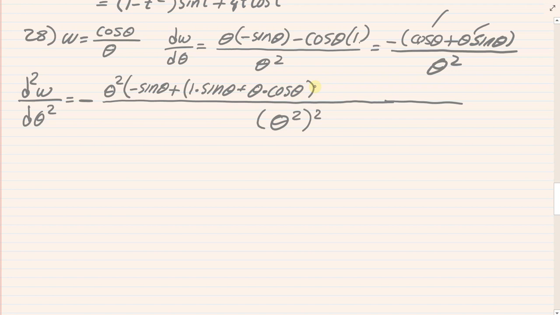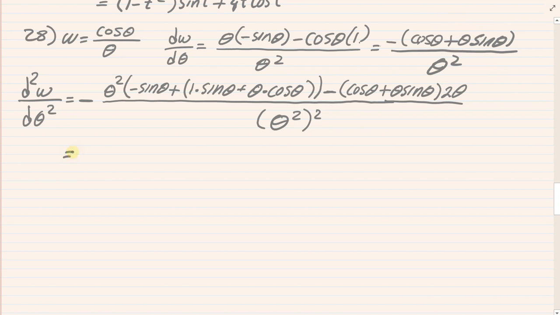Right? That's just the derivative of the numerator. And then minus the numerator, which is cosine theta plus theta sine theta, times derivative of the denominator, theta squared, which is 2 theta. So my fraction line was measured perfectly.